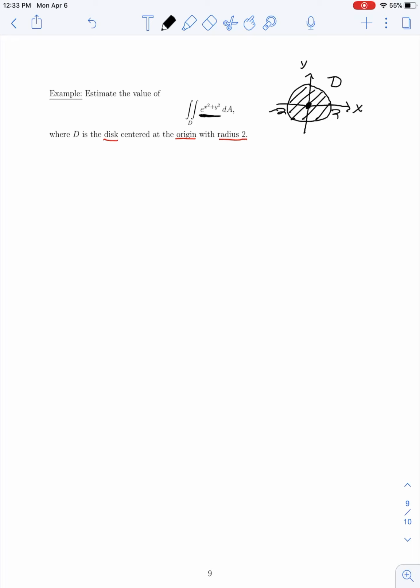So here, if we're just asked to estimate the value of this double integral, we can make use of our properties that we saw in the previous example. So let's think about trying to find an upper or lower bound on this function, e to the x squared plus y squared.